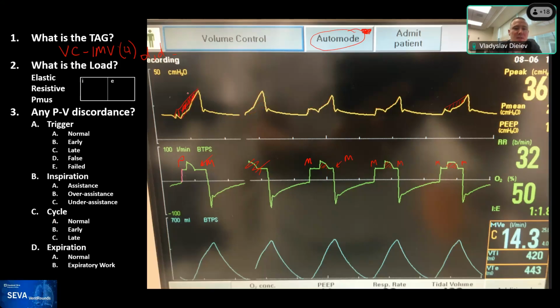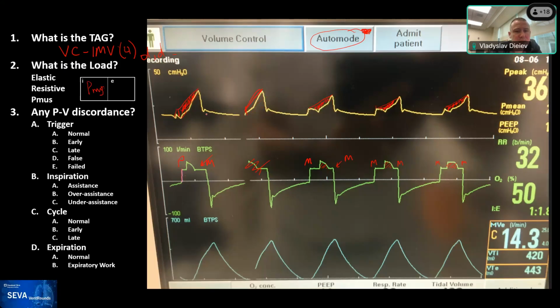It's all muscular effort. You would expect this waveform to look a little different if the patient was passive on the ventilator. Because of this patient effort in the middle of the breath, it's pretty distorted right now, so it will be hard to judge if the patient really has elastic or resistive load during inspiration.